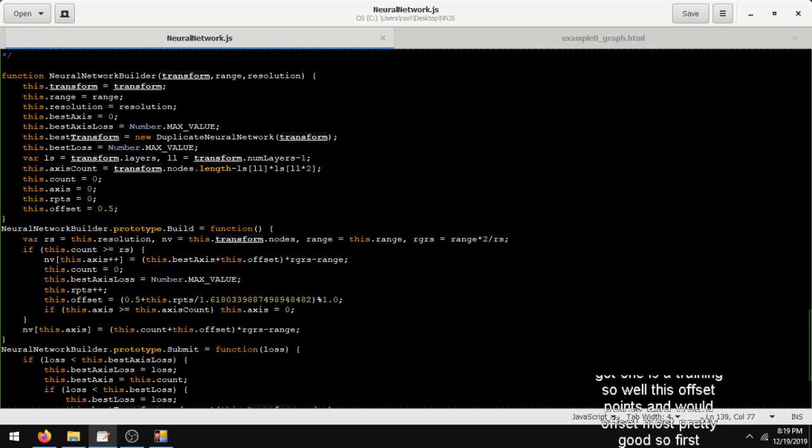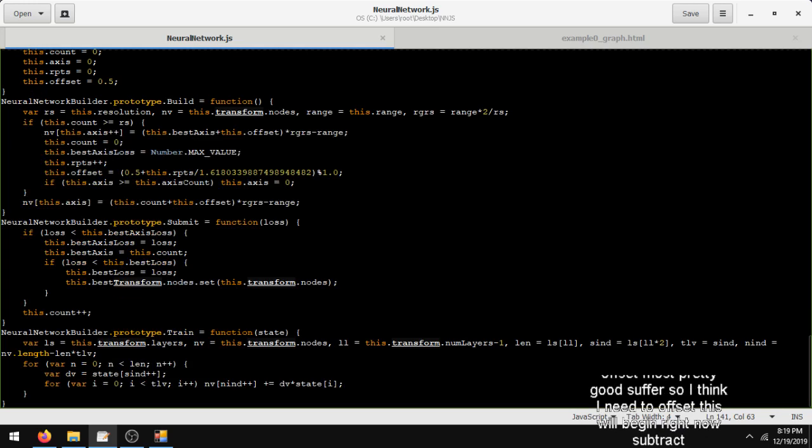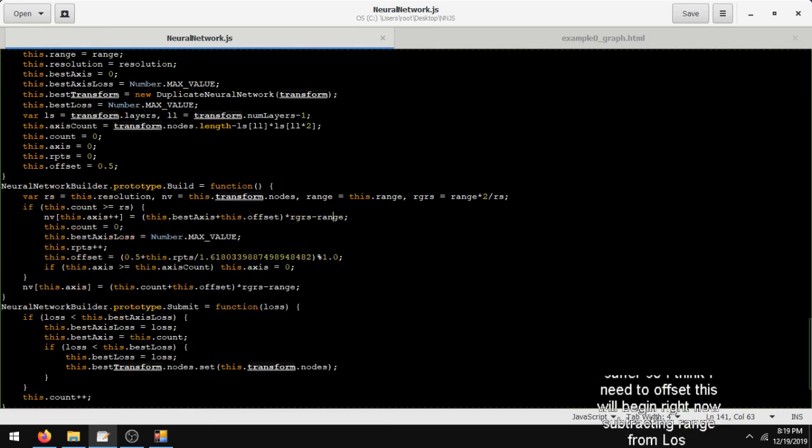So first of all, I think I need to offset this, because right now subtracting range from this is making it based off negative range and not truly in the center. I don't know how to explain it.